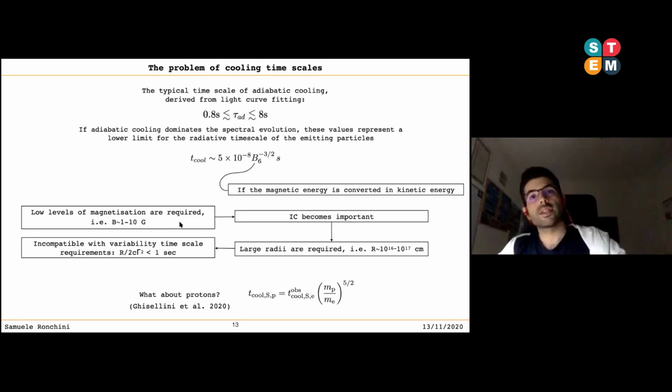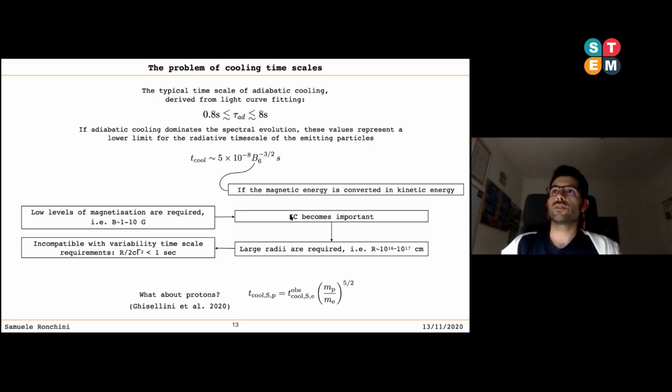But still, in this case, the inverse Compton cooling would be dominant over synchrotron. So in order to suppress inverse Compton, we should require very large radii, which in turn gives an incompatibility with the variability timescales of prompt emission, which is usually less than 1 second.